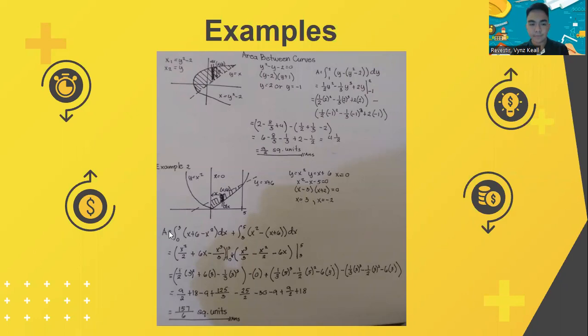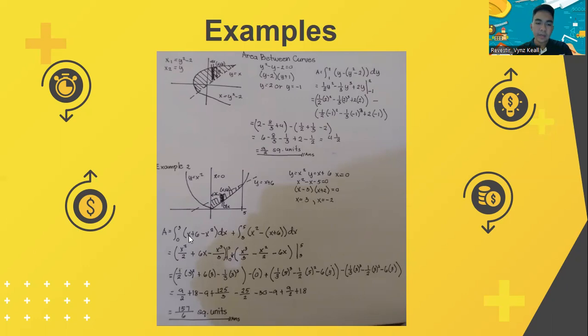So the area equals the integral of x plus 6 minus x squared dx with the limits of 0 to 3, because x equals 0 and we have solved x equals 3, plus the integral of x squared minus the quantity x plus 6 dx with the limits of 3 to 5.